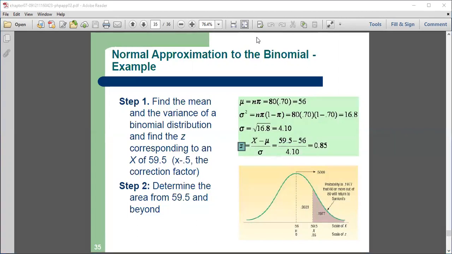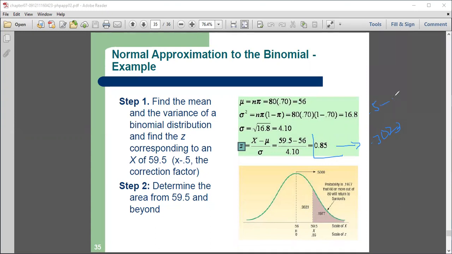So after finding out the value of the z score, we are going to see the corresponding table value of this score, which will be 0.3023, and the total area of one half is 0.5.